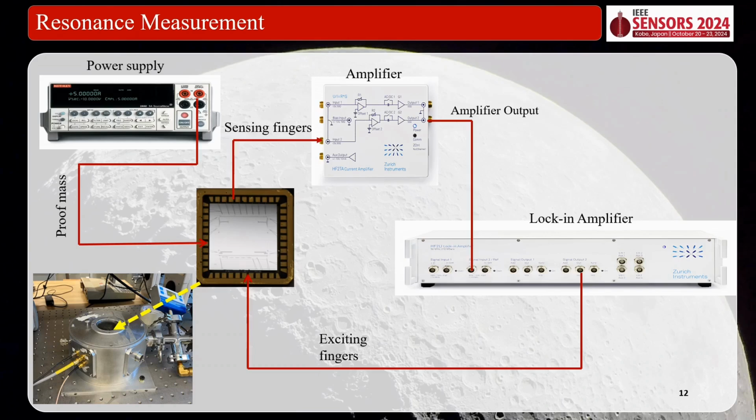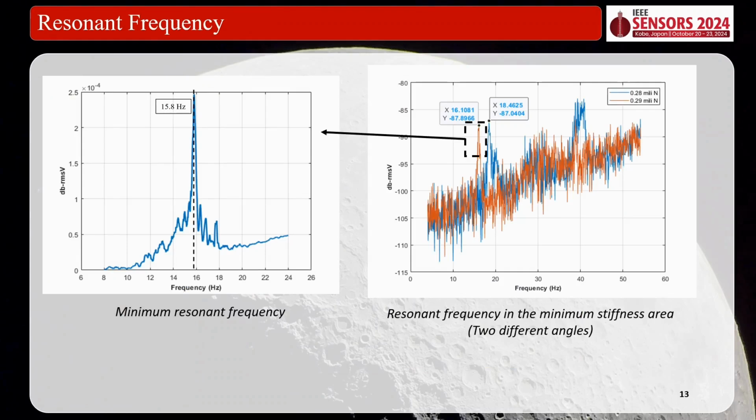The other test is the resonance measurement. We tested the device to get the resonance frequency. The sensor is located in a chamber under vacuum conditions. You can see that the minimum resonance frequency that we can get is about 16 hertz.